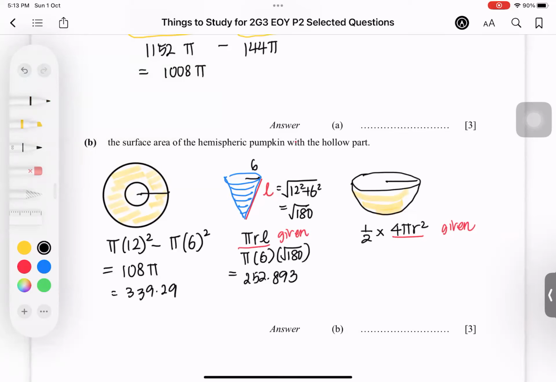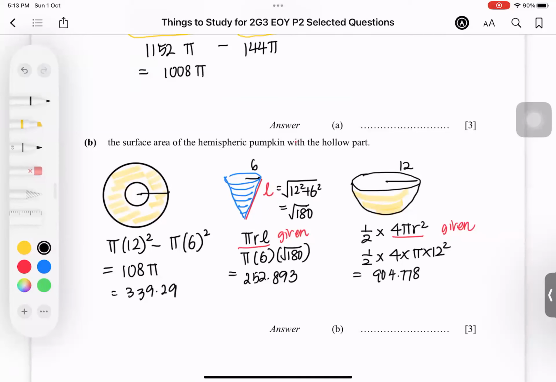The radius for the hemisphere is 12, so we have half times 4 pi 12 squared. Since all are in decimals, I just calculate this: 904.778.